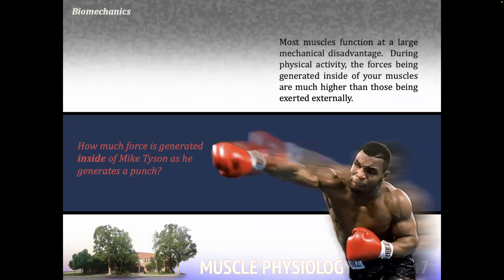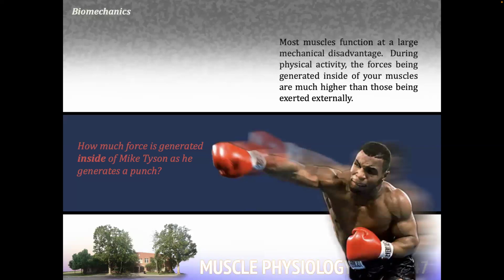And we have some muscles that function at a mechanical advantage. We talked about the gastroc and soleus, the calves. Some muscles function at a mechanical advantage, but most of our muscles work at a disadvantage, and often it's a huge mechanical disadvantage. So the forces that we're generating internally to produce movement are greater than the measurable external forces we exert.